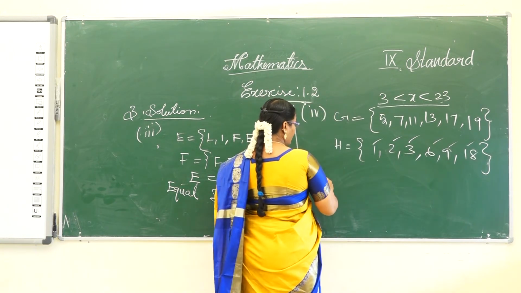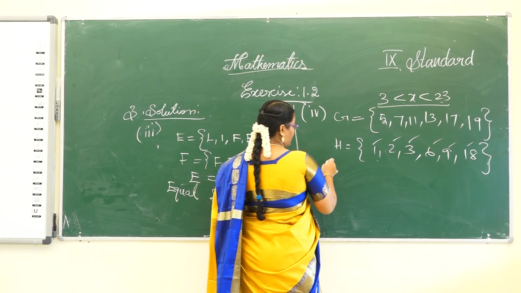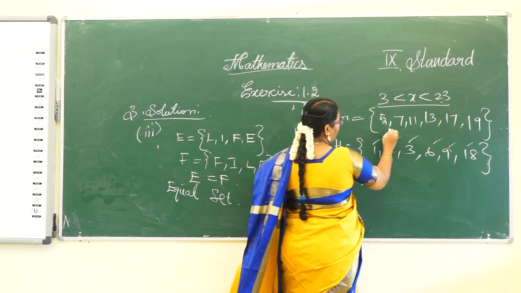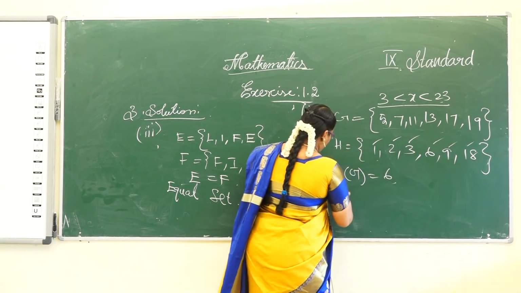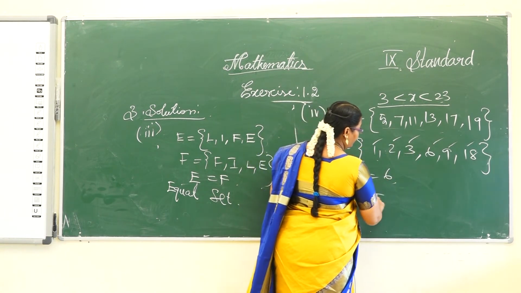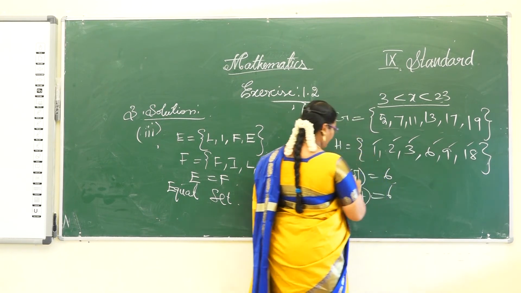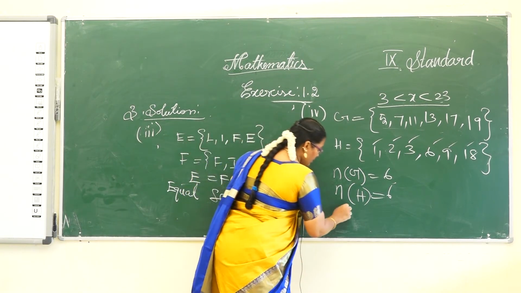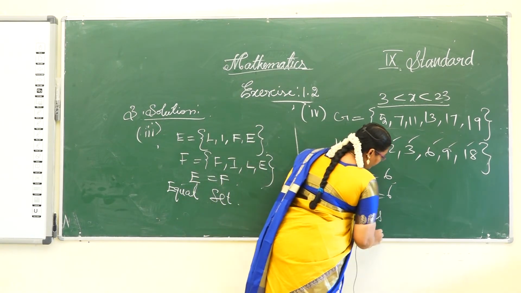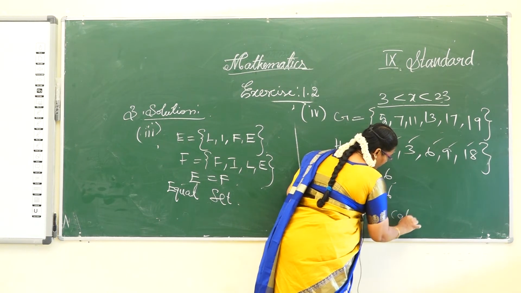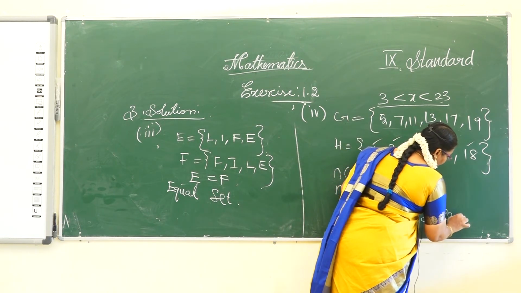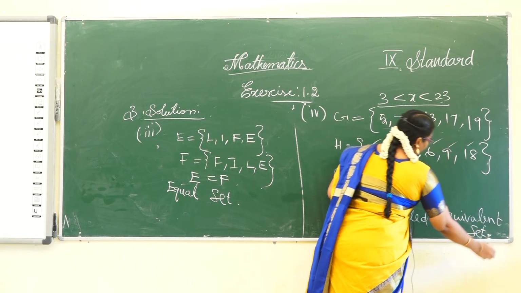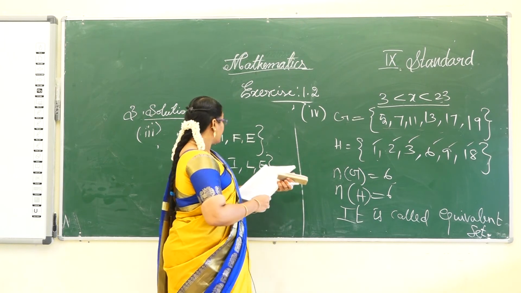So now check the equivalent set. n of G is equal to 6. n of H is also 6. So the number of elements in sets G and H are equal. So they are called equivalent sets.